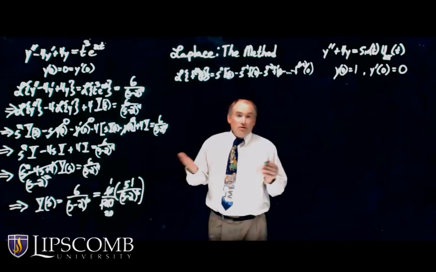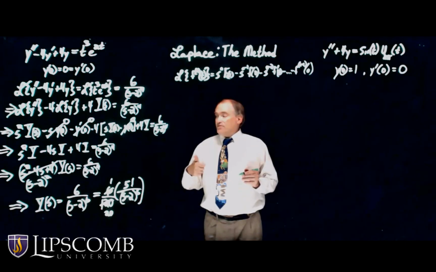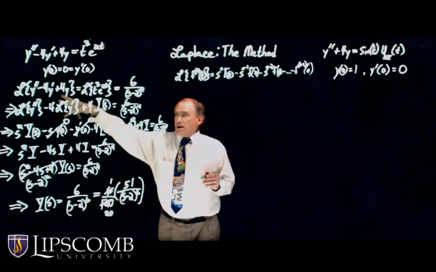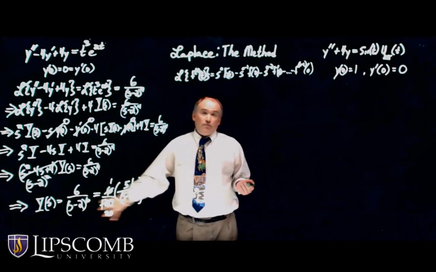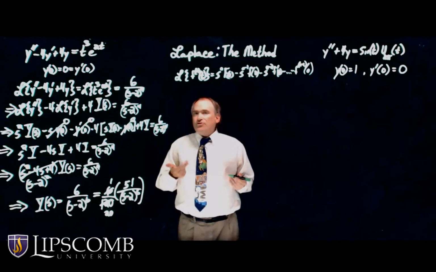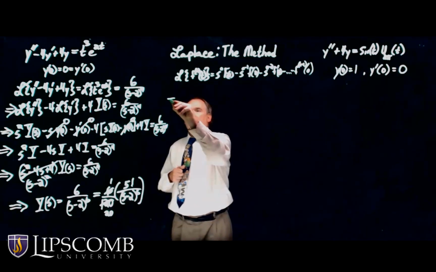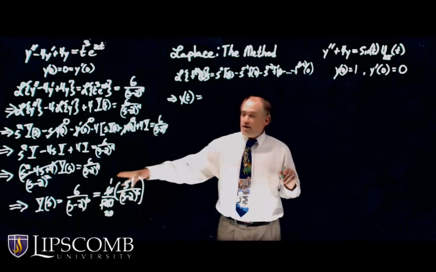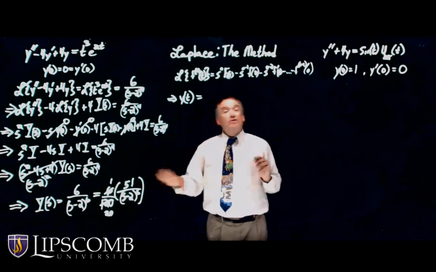Well, now take the last step, now that I've solved for Y of s. Let's remember, first step, take the Laplace transform of everything. Second step is I solve for Y of s. Third step, final step, take the inverse Laplace. So what do I get here? I get y of t, because the inverse Laplace of Y of s is y of t. Well, what's the inverse Laplace of this? Now I've got it in the form I need it.